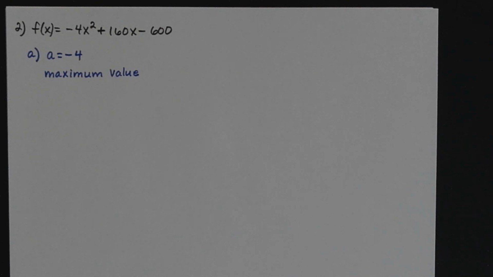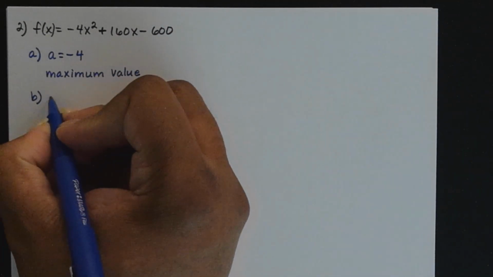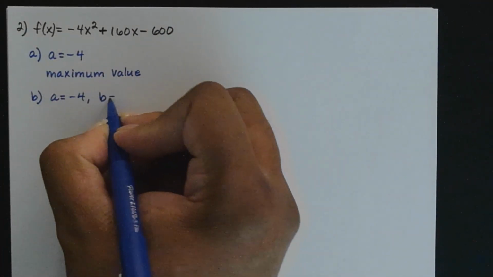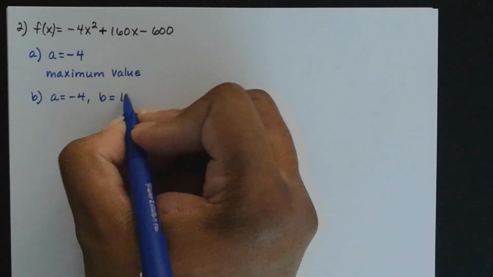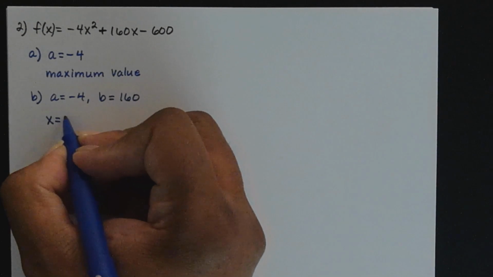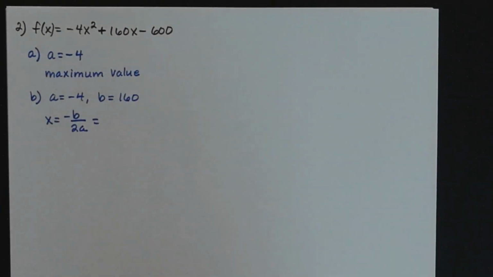Now in part B, we're going to find out what that maximum value is and where it occurs. So this is part B. We know what a is, that's negative 4. What's b? 160. That's the coefficient of your x term. And then we use x equals negative b over 2a to determine where that maximum value occurs.